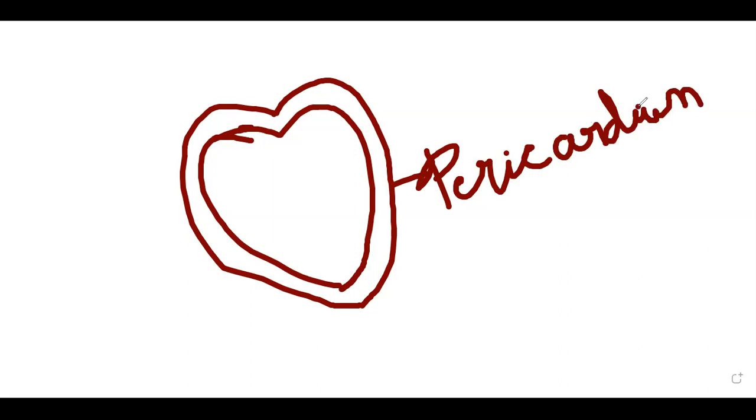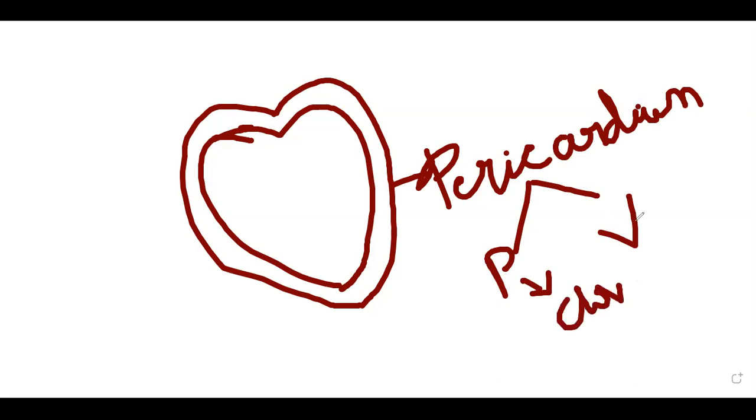The heart is surrounded by a layer called pericardium. The pericardium is classified into two layers, parietal pericardium as well as visceral pericardium.